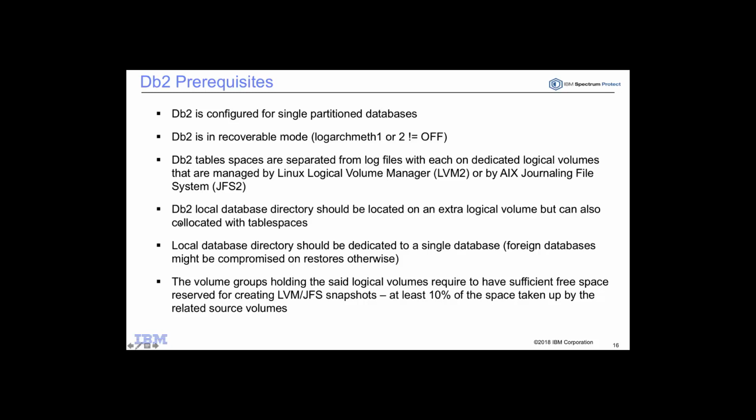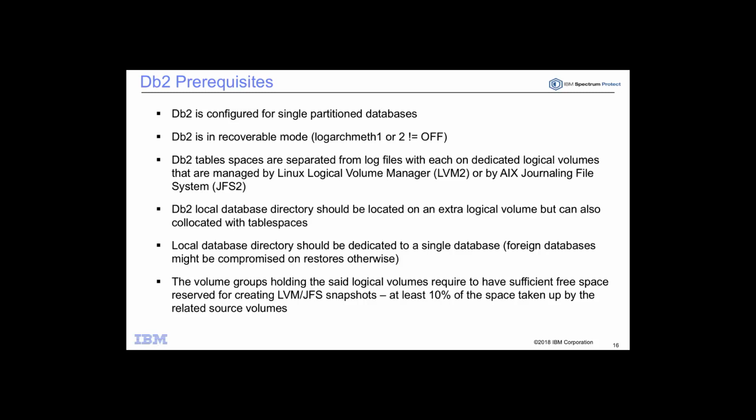You can locate the DB2 local database directory either co-located with the table spaces or in an extra logical volume. So the database home directory can be in one of those two places. We do recommend and require that the local database directory be dedicated to a single database.